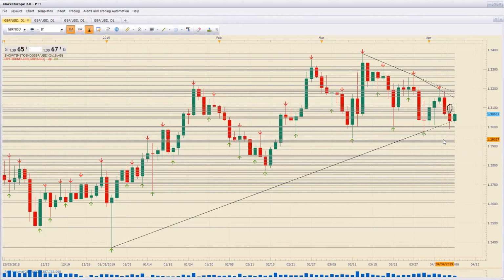Technically, it is a spinning top where they're just basically holding the price right there. So the question is why? This is where you need to find out why it is not moving, not like the euro for example.